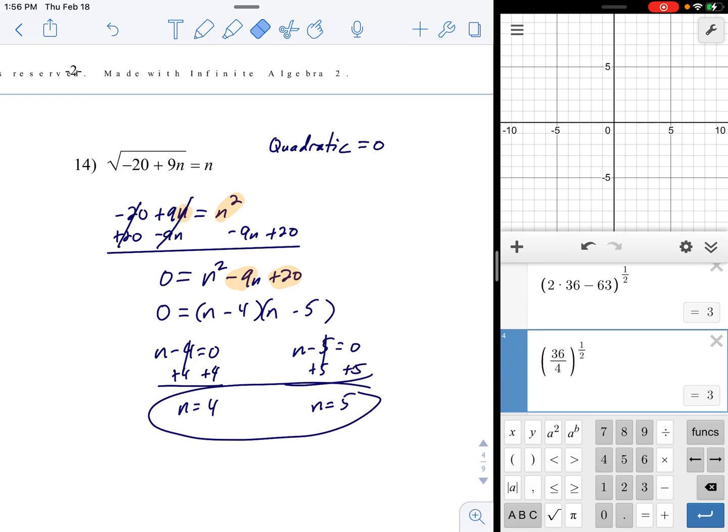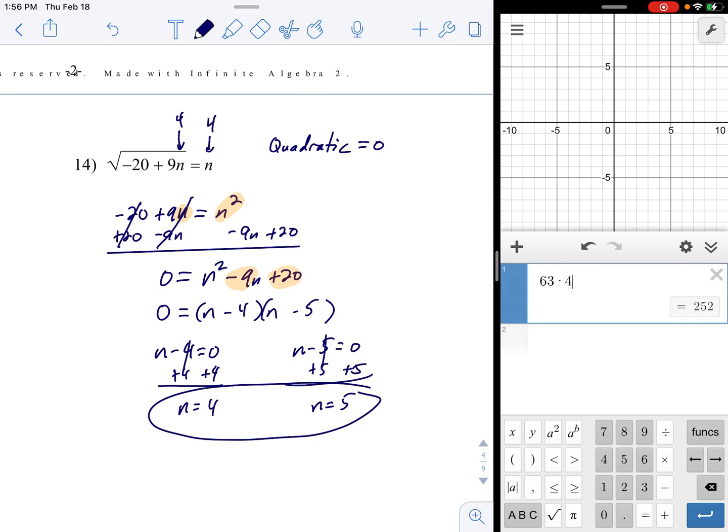So first, this might look a little tricky. I'm going to plug in a 4, and that should equal 4. It says you got to plug in a 4 into both spots. So here, square root of -20 plus 9 times 4. And that does equal 4, just like it's supposed to. So that's good.